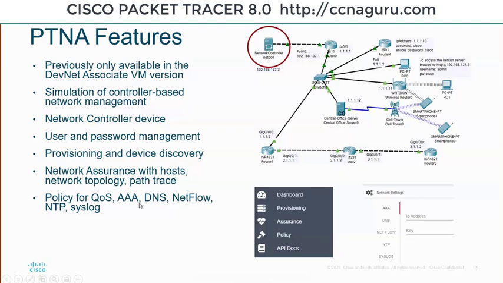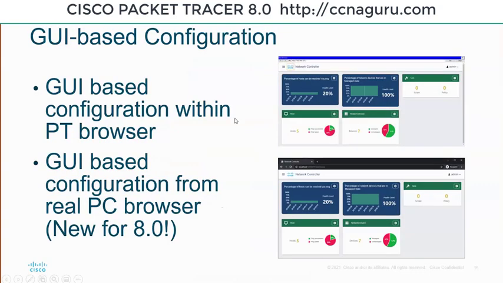As you can see, these are network-wide services, and they can be configured from the network controller. And it supports GUI-based configuration. So you can jump into a web browser, navigate to the IP address of this network controller, and you will see the control panel dashboard with all the controls, and you can click through and make all the necessary changes to your network.